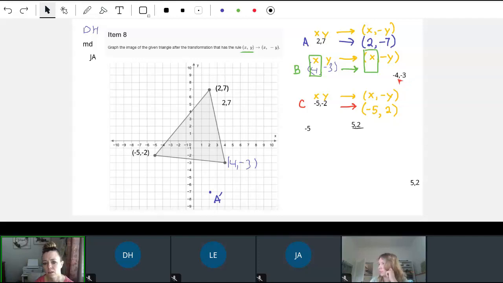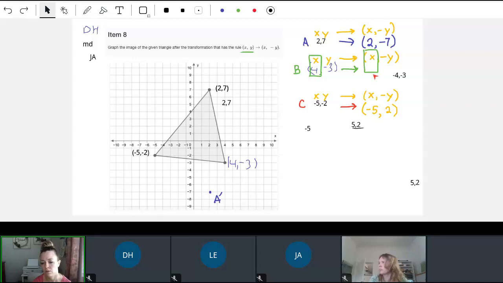Don't change it unless you see a negative. If you saw negative x here, then that would say to change the sign on the 4. But it's just saying take this as is. It was +4, just keep it +4. Okay. So this is going to be 4.